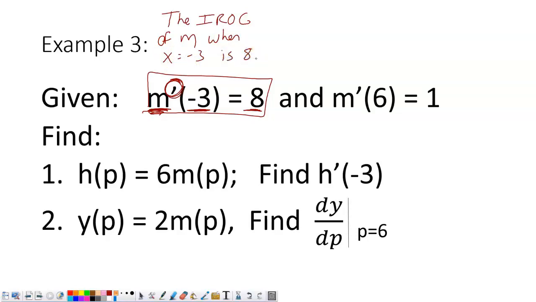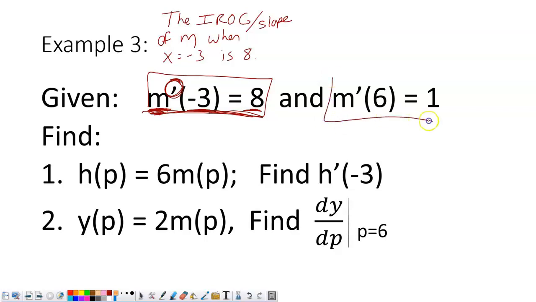Or another way you could say it is, the slope of m when x equals -3 is 8. So this is a math expression that's telling you the slope of the function m at x equals -3. And that slope is 8.